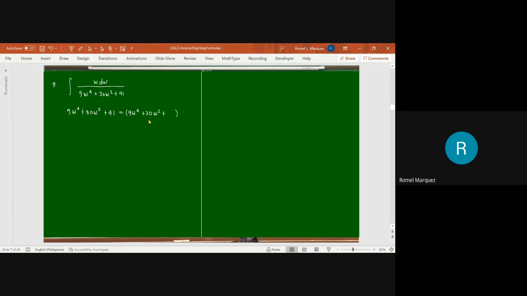Guys, the square root of 9 is 3. Doubling 3 times something should equal 30. 2 times 3 is 6. To get 30, we need 5. So this is 25. Am I correct? But there is no 25 originally, so I'm going to subtract 25, and then plus the beautiful 41.